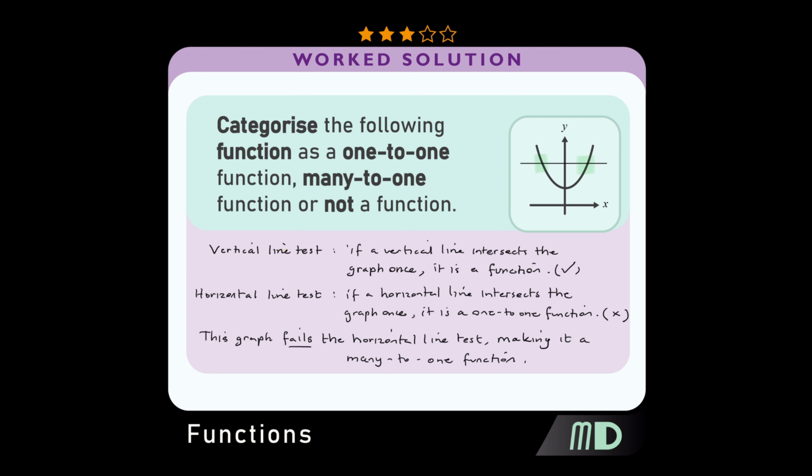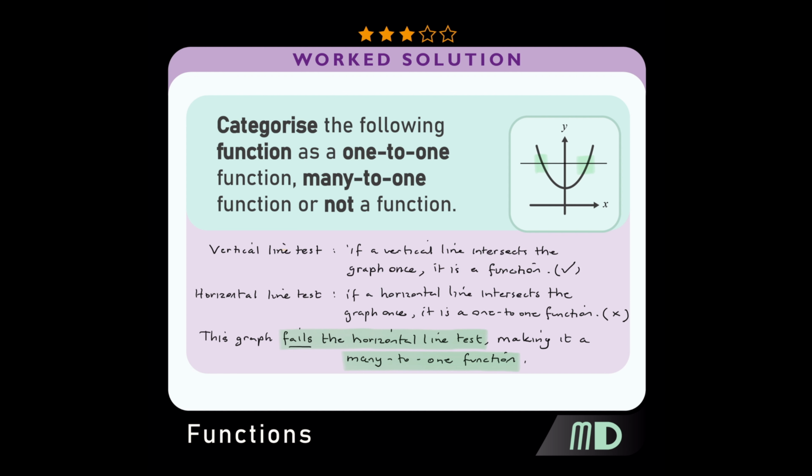That means it has failed the horizontal line test, where the horizontal line should only intersect the graph once. So the function we've been given is not a one-to-one function, but, in fact, a many-to-one function, where two different input values give us the same output.